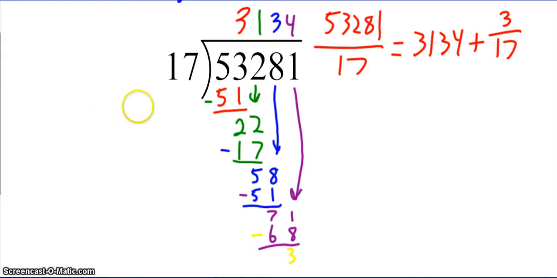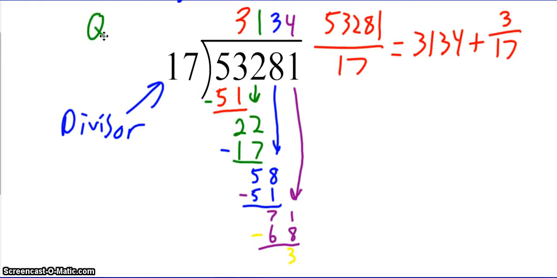A couple of words we want to remember just for mathematical sake. Here the 17, this is our divisor. Our result here is the quotient.